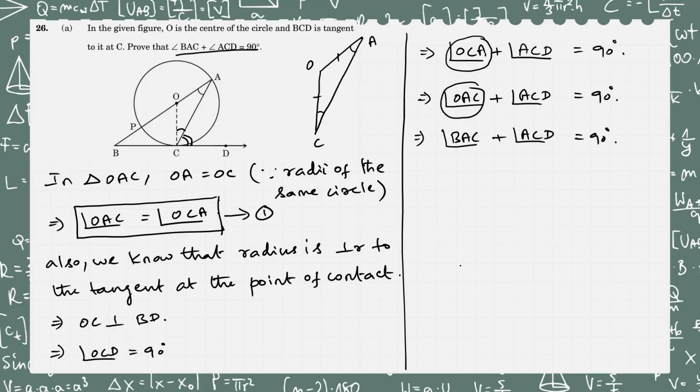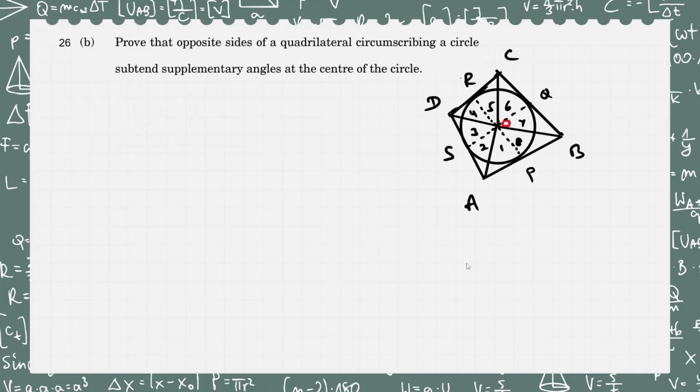Let's move on to the next option of the sum. Prove that opposite sides of a quadrilateral circumscribing a circle subtend supplementary angles at the center of the circle. So what we need to prove is opposite sides of the quadrilateral, I mean AB and CD are the opposite sides, right? I mean AOB angle and COD angle, right?